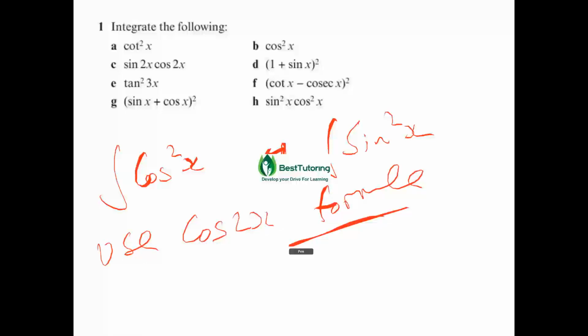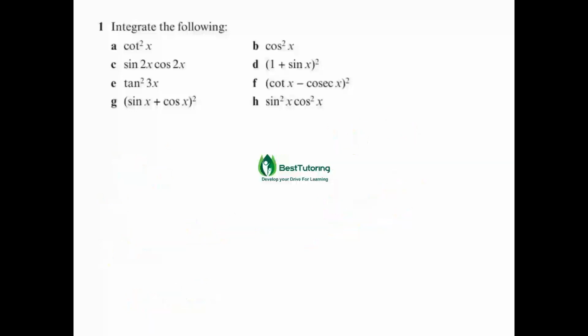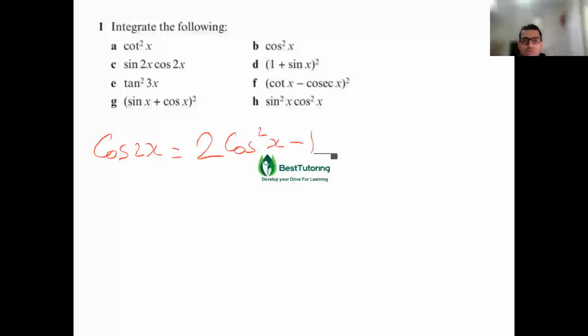So we know cos 2x is equal to 2 cos square x minus 1. Write it down, make a note that we don't know how to integrate cos square x, sin square x, or tan square x. We need to use the cos 2x formula.